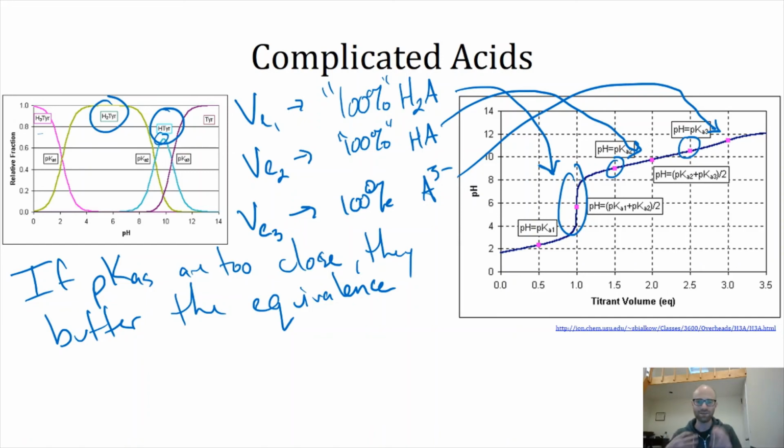But this represents an interesting scenario where if you were to look at that graph, you'd say that's a monoprotic acid. And it's not. One of the things that would tip me off is that slow climb after the equivalence point tells me that something's going on. It shouldn't be a slow climb. It should be up and flat. So that would be a big hint to me.